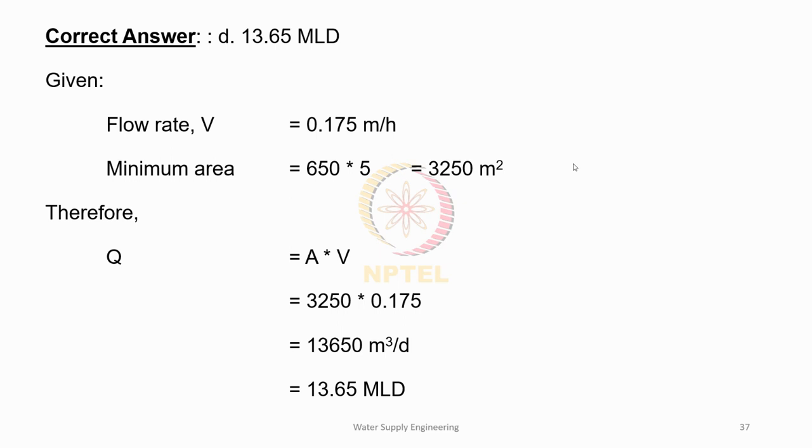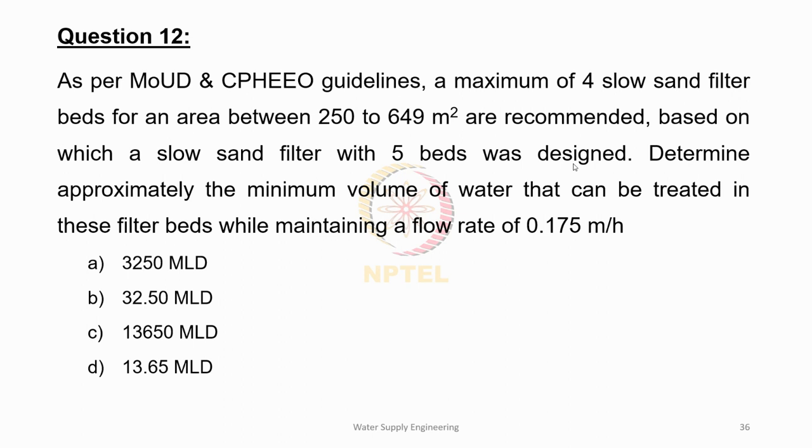They're telling that maximum, if it is four slow sand filter beds, that is to be used for 250 to 649 meters square, not more than that. But in the particular question, 5 sand beds are used. That means it has crossed this particular limit, right?